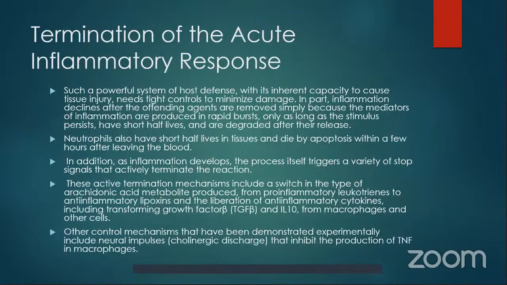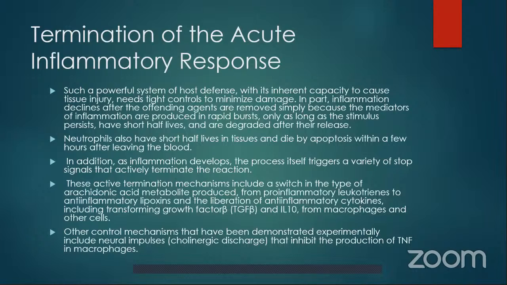So after the phagocytosis is done, how will the acute inflammatory response be terminated? Such a powerful system of host defense with its inherent capacity to cause tissue injury needs very tight control to minimize the damage.